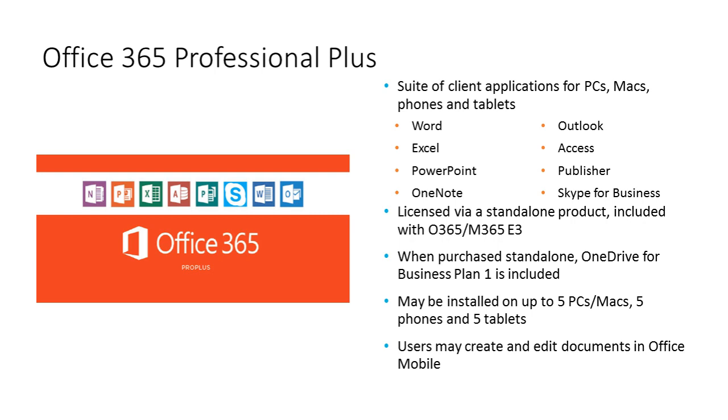Office 365 Professional Plus. Essentially, this is a suite of clients for PCs and Macs, phones, and tablets. The nomenclature is very similar, but it's licensed via a standalone product, which is included in the Office 365 suites or Microsoft 365 E3 plans. So those are two or three different plans, essentially. Office 365 Professional Plus is a standalone product.